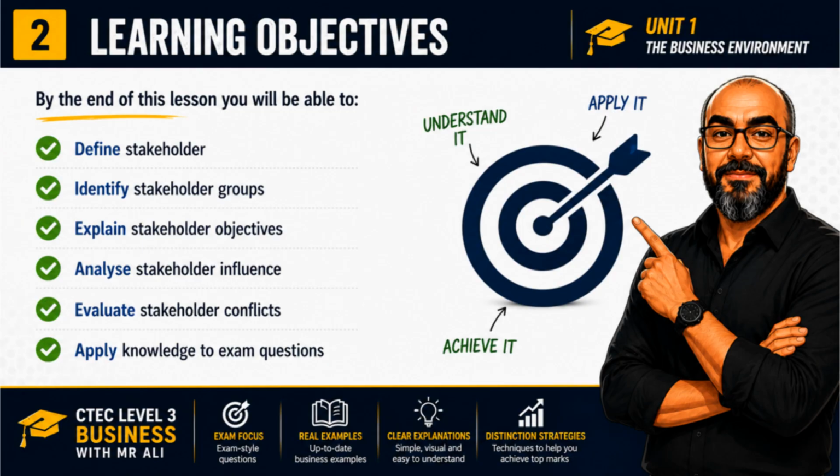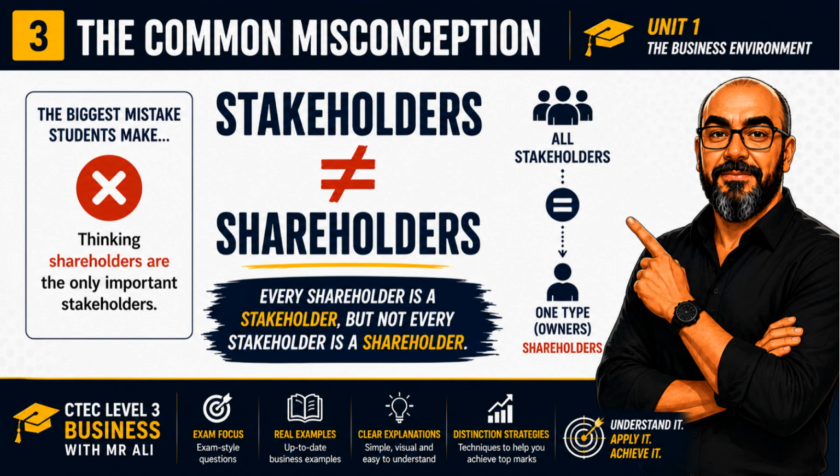That's the important thing: to understand it, apply it, and therefore achieve it. It's to build on, fortify and revise existing knowledge, but more importantly, to apply that knowledge to achieve the distinction grade we're going for.